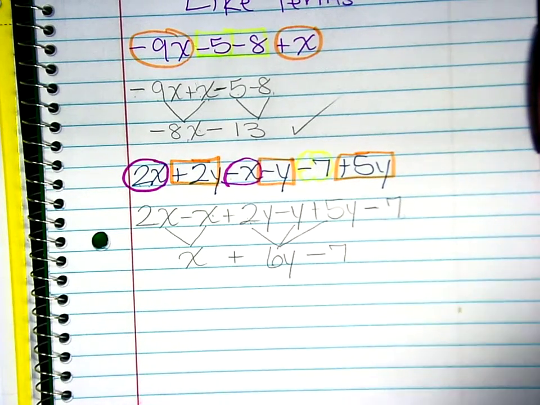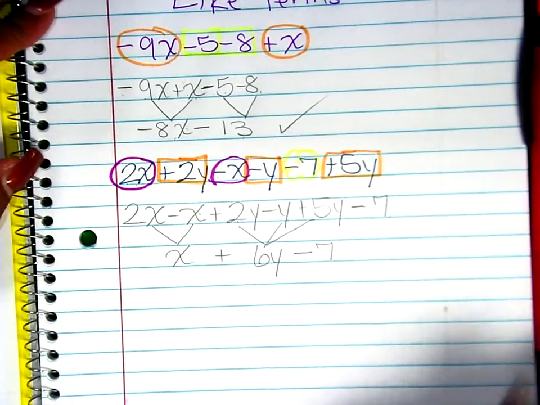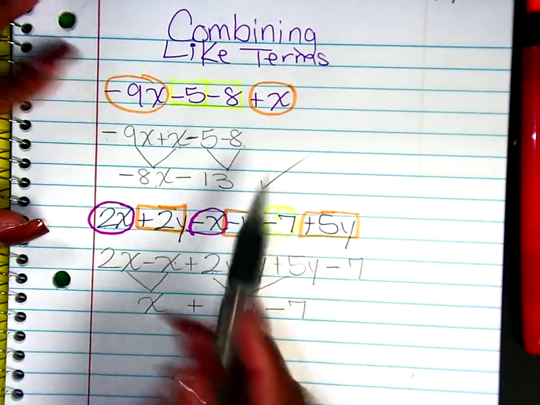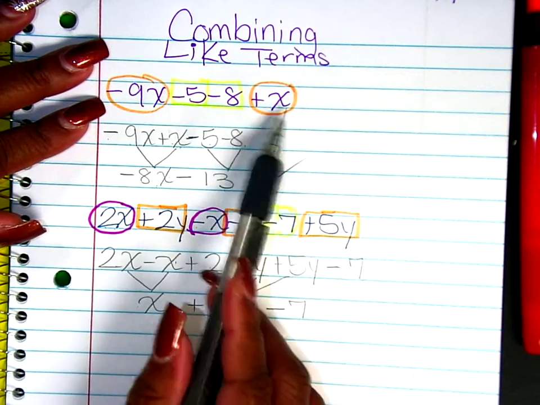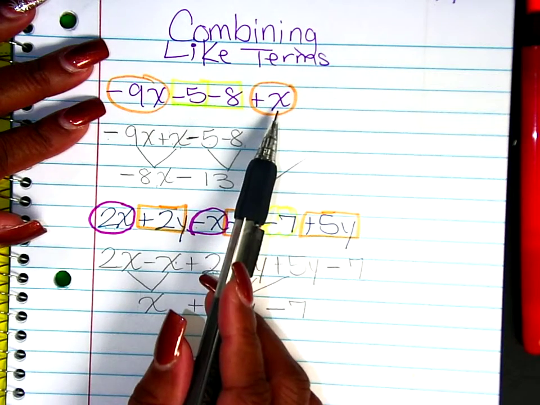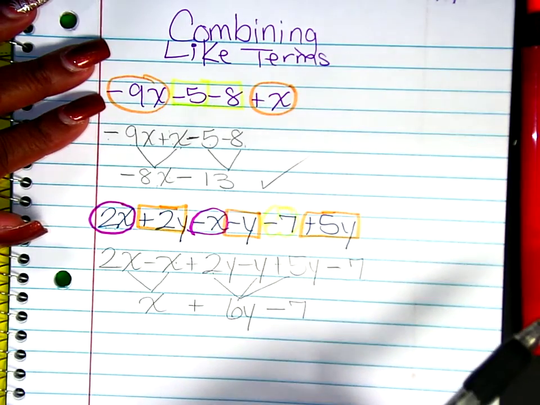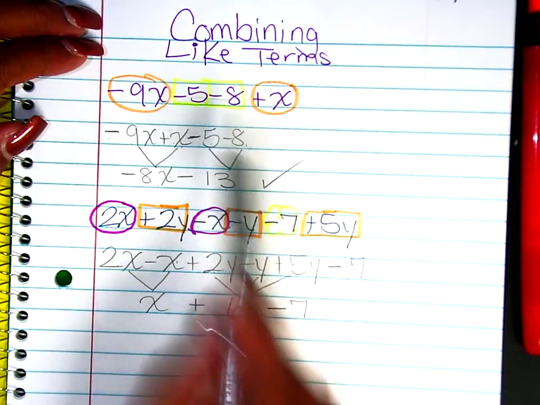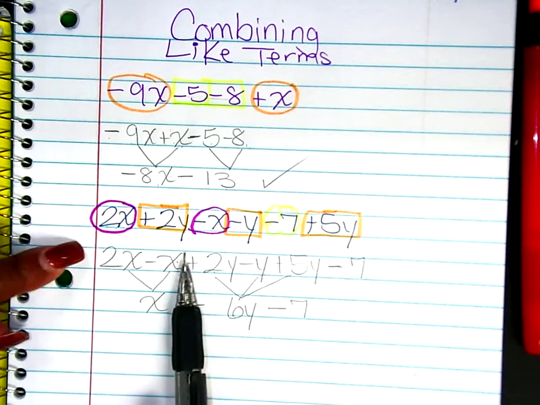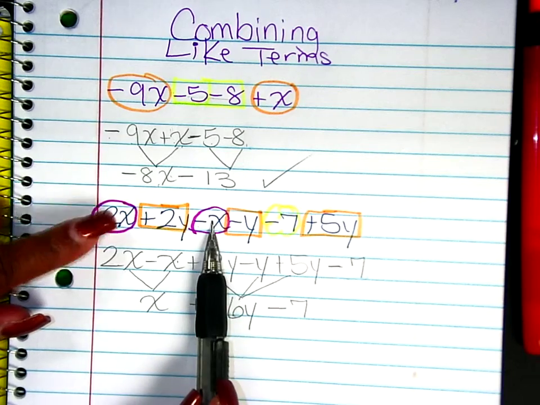So just a recap of this. Let's review it. So first, I wrote the original problem down. I enclosed the like terms with the same colors. The x terms have the same color. The constant is enclosed with its own color. On this problem, the x terms are enclosed with pink.